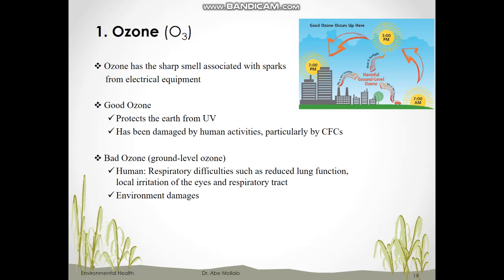Good ozone occurs up here, this part, and it's about 20 to 30 miles above Earth's surface, and protects the Earth from the harmful UV rays of sun. But good ozone has been damaged because of human activities, in particular CFC production, which already was extensively used in air conditioners and refrigerators, and now its production has been restricted.